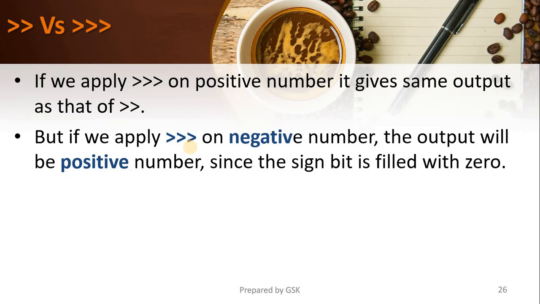The reason is the sign bit is filled with 0. That's why we get a positive number as the output, even though the input value is negative. But with the right shift operator, if the input is a negative number, the output is also a negative number, because the right shift operator preserves its sign, but the unsigned right shift operator doesn't preserve the sign.